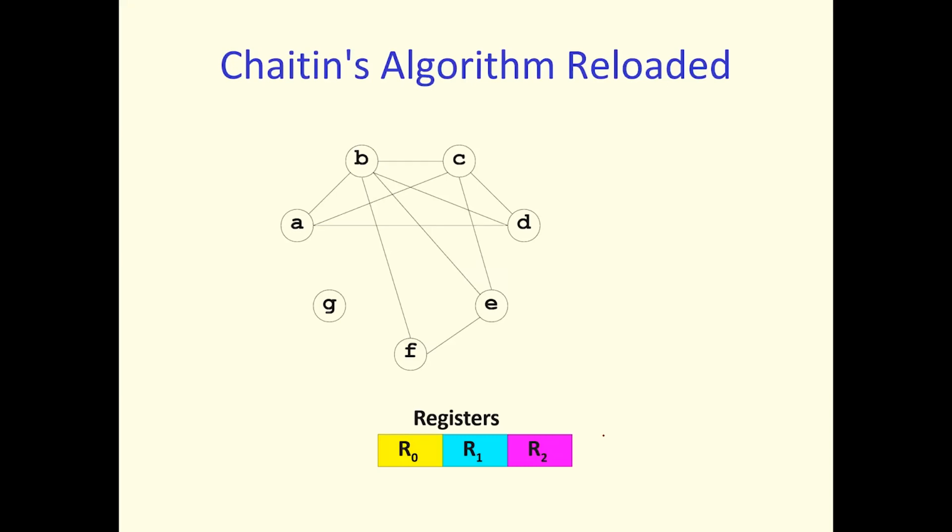Now we have a case where we have just 3 registers and we have to color the graph using 3 registers. This is the real graph we had earlier. So G can always be picked up, F can be picked up after that, E can be picked up after that. But now you are in trouble because you have all nodes having 3 neighbors.